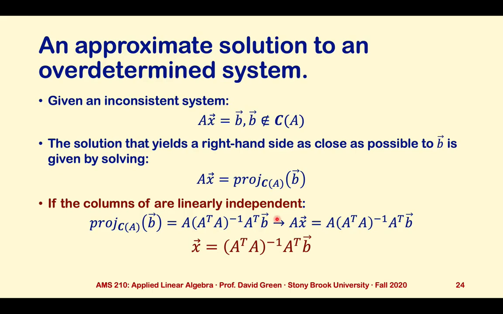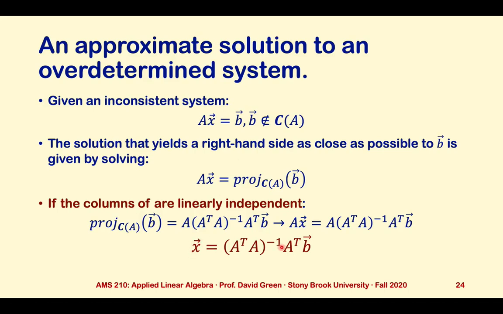You've noticed here that we haven't even needed to take any intermediate step of computing a projection. As long as the columns of A are linearly independent, we can directly find this solution. A well-defined way to find an approximate solution for a linear system.